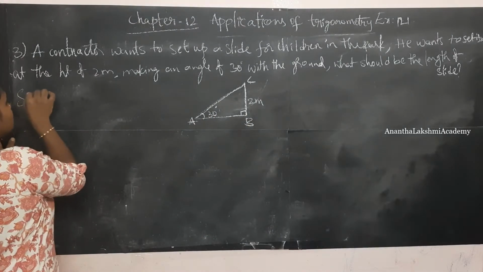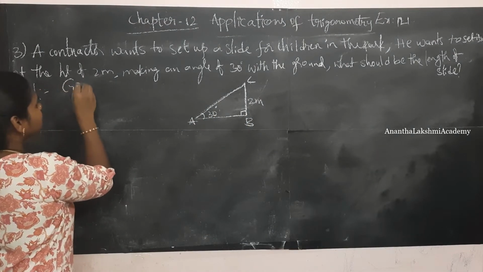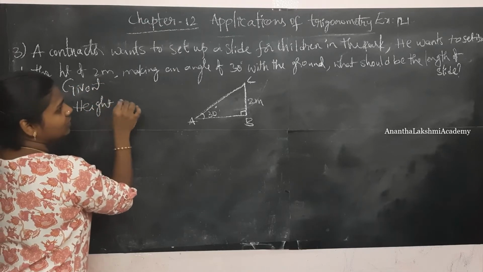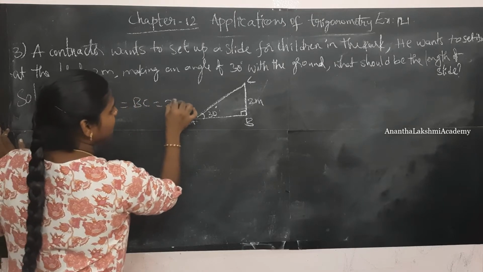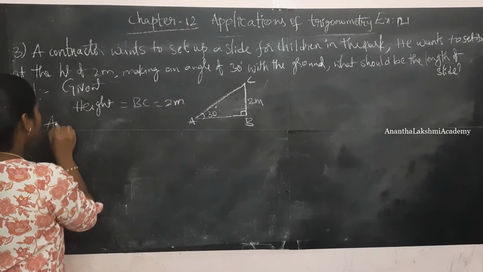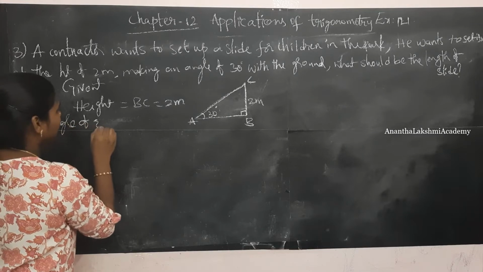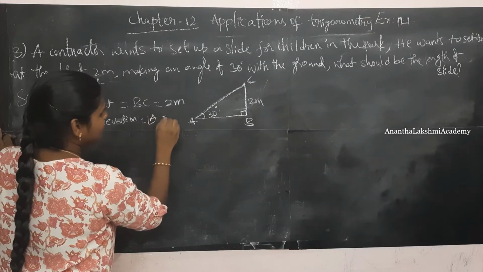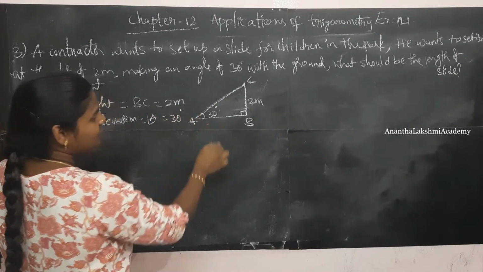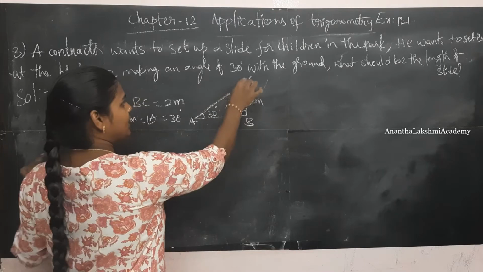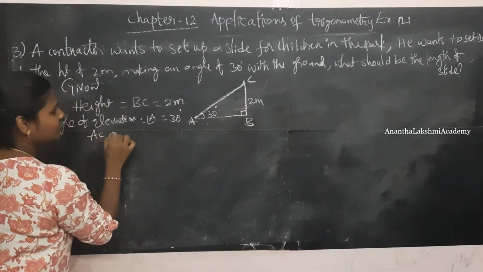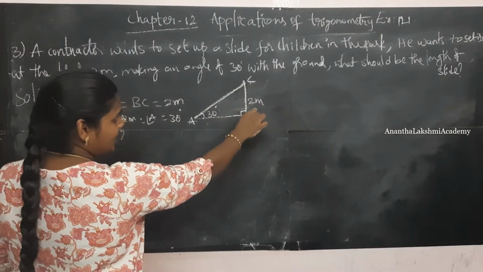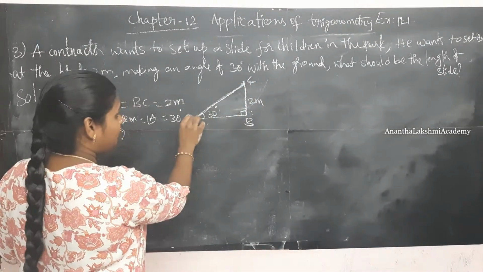So let's jump into the solution part. Given: height from the ground is BC, equal to 2 meters, and the angle of elevation, angle A, is equal to 30 degrees. They are asking us to figure out the length of the slide, nothing but AC. AC is equal to question mark. Now you know BC, the opposite side, and you want to figure out the hypotenuse.